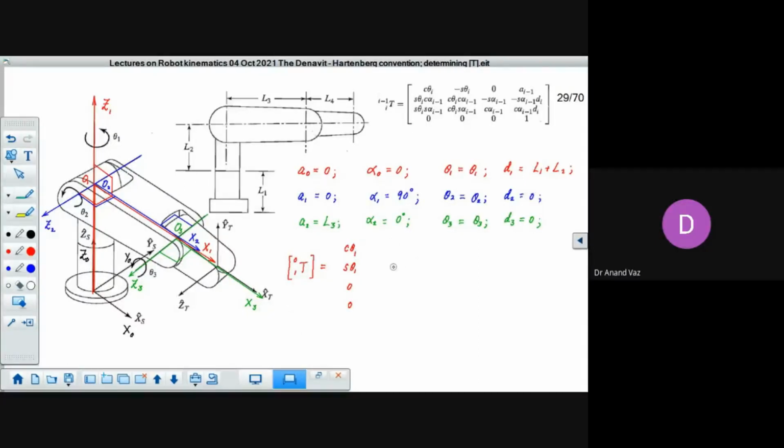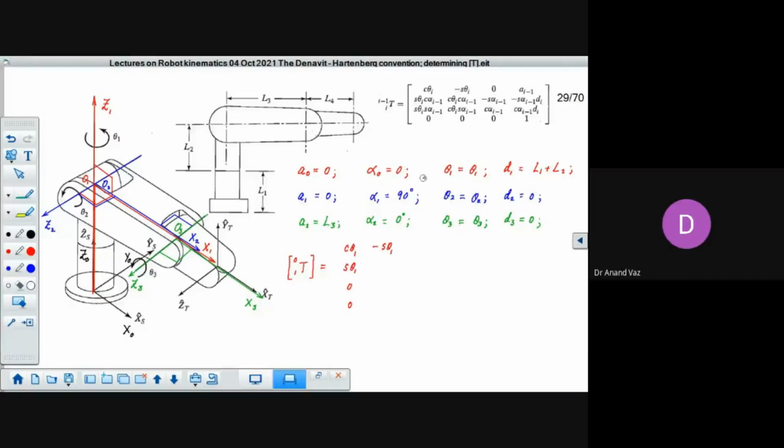And then you have the next column. Can you tell me the elements of the next column? Minus sine theta 1. Here you have cos theta 1 into cos alpha naught.